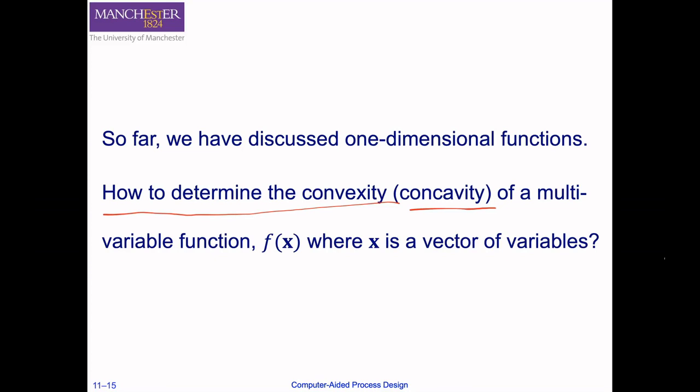As this function has multiple variables, we usually use a lowercase upright boldface x to denote a vector of variables. If we see such kind of x, then it means this function has multiple variables.